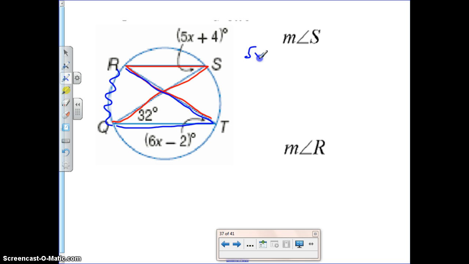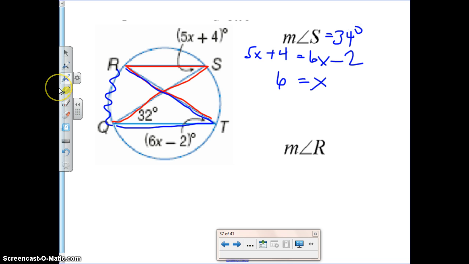We know that 5x plus 4 equals 6x minus 2. And if we move this to this side, we have x, and if we move this to this side, equals 6. And if we know x equals 6, we could plug in 6. 5 times 6 is 30, plus 4 is 34. So this would be 34 degrees.